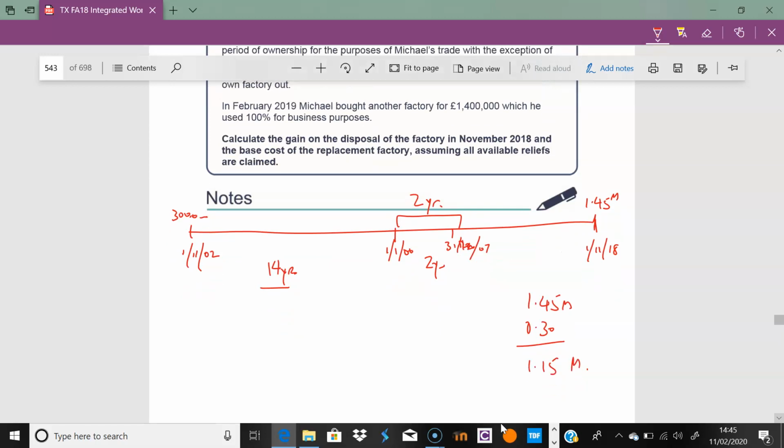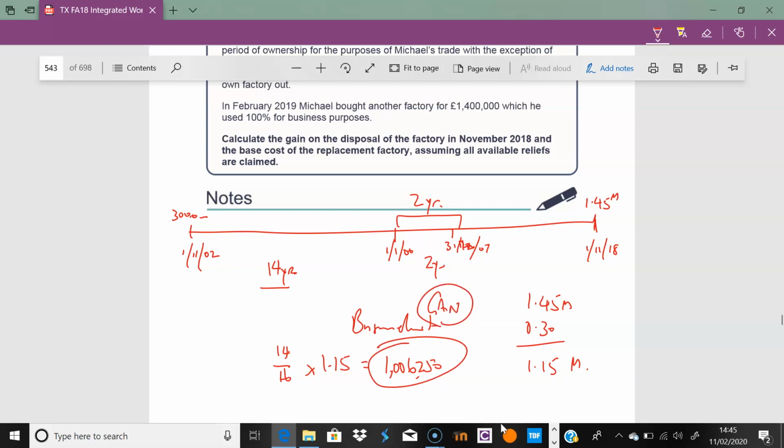What we now have to do is separate out purely the business element. The business element is 14 over 16, which is 14 years out of 16 years, times 1.15 million, which gives us 1,006,250. That's the gain as far as the business element is concerned.